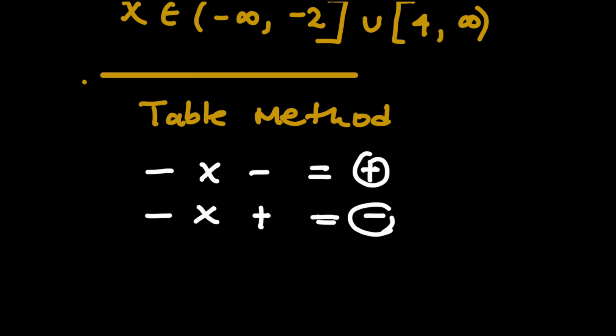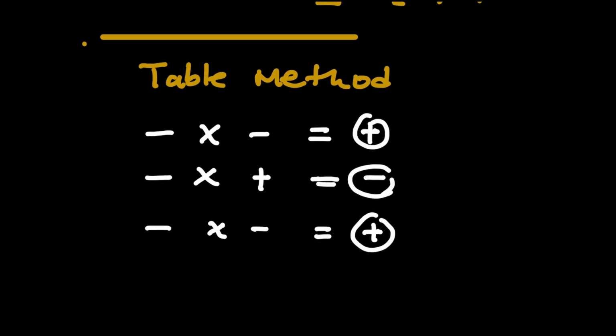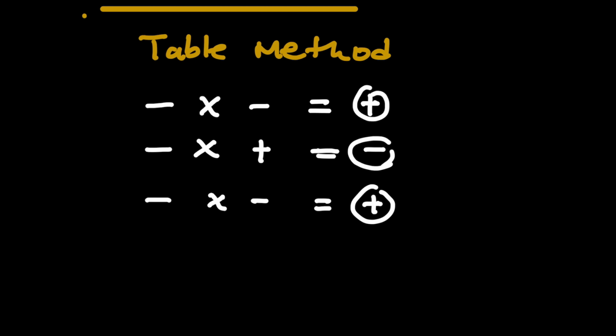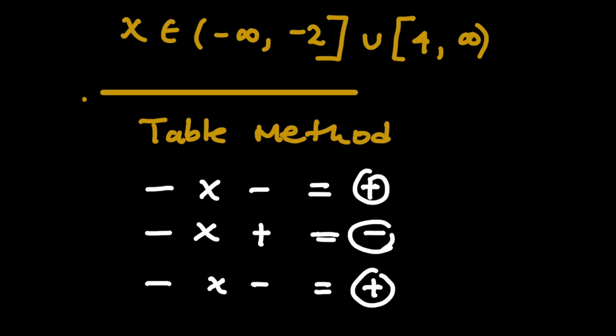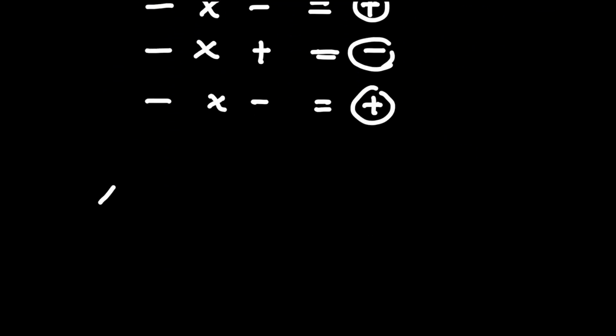And then a negative times a negative is what? A positive, you know? Okay, so basically, let's have our brackets. So we've got x plus 2, x minus 4.